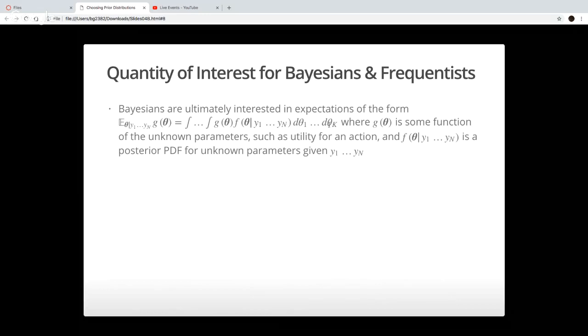So that gives us the expectation of this substantive function that we're interested in, but our substantive function depends on unknown things about the world like parameters theta. But we want to weight it using a posterior PDF for the conditional distribution of these unknowns given the data that we do know.